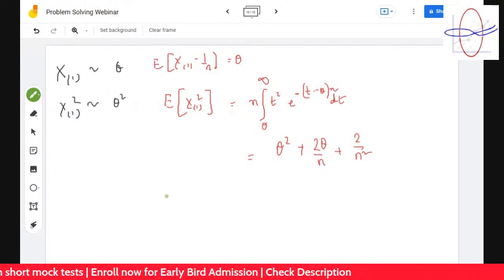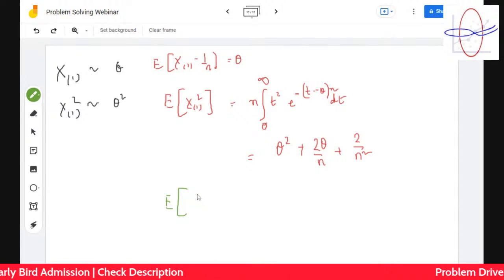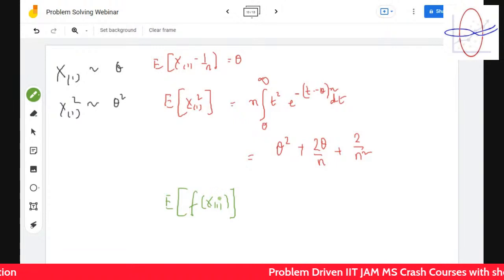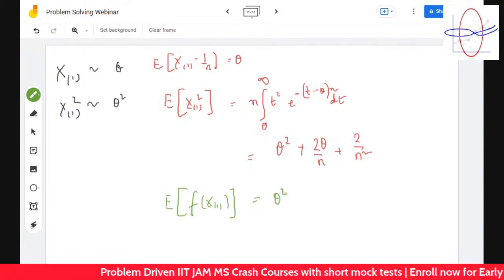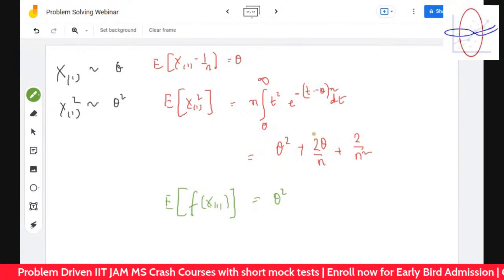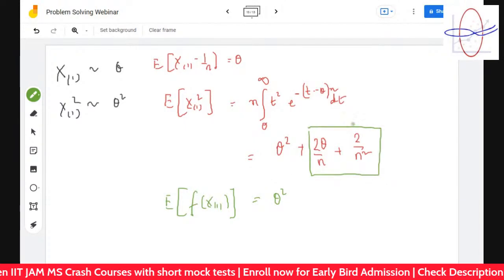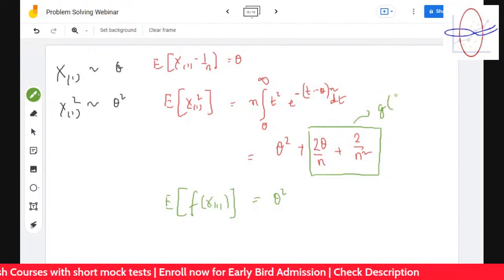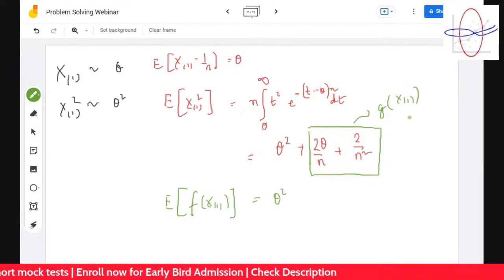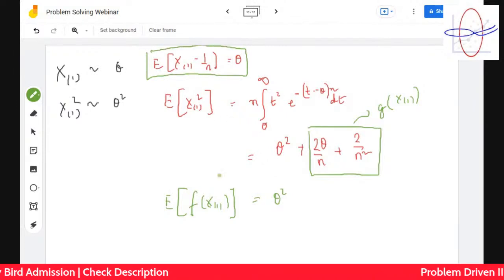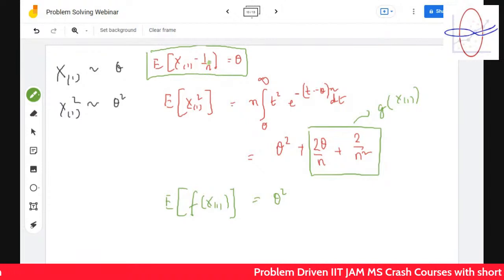The idea is that you have to find the expectation of some function of x1 which is equal to theta square. Therefore, you have to replace this by some function g of x1. How do you do that? By using this property.